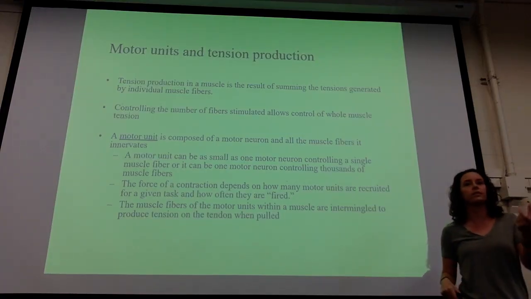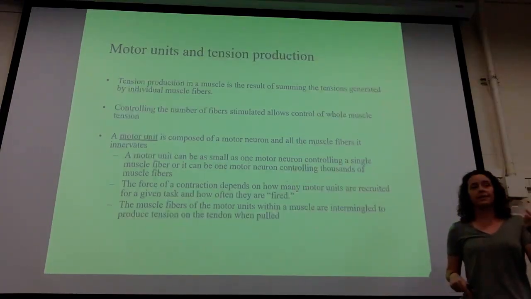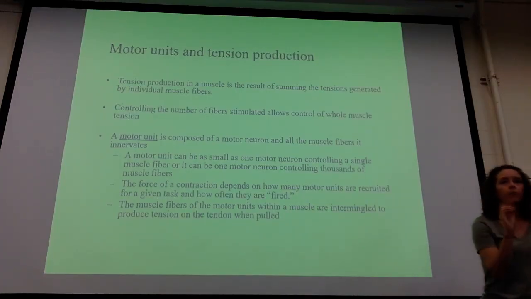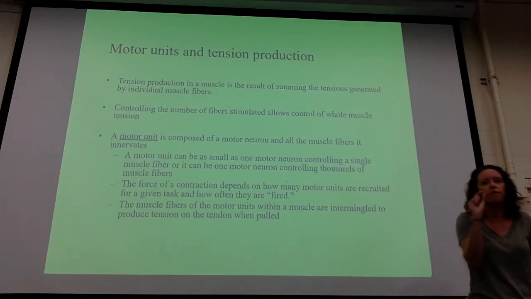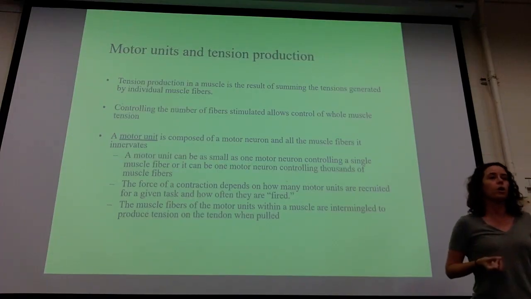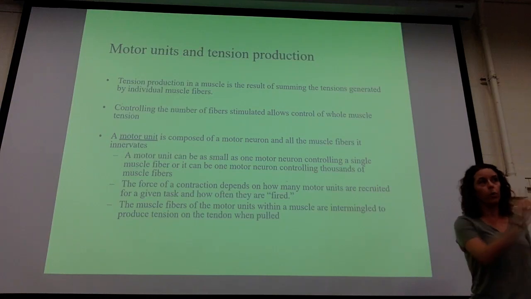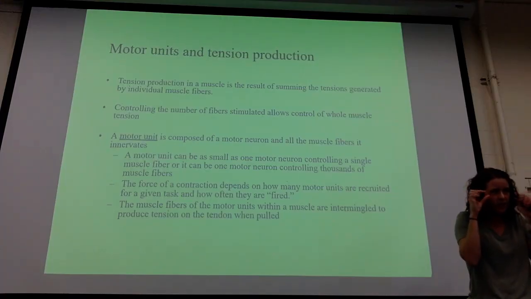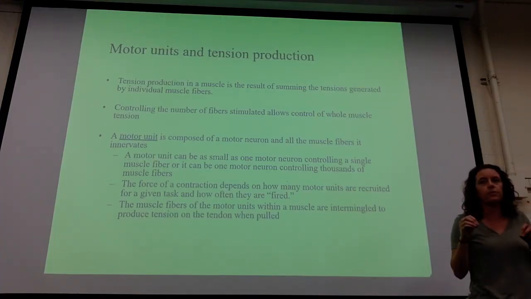A motor unit can be very, very small. If we're looking at a small muscle or a muscle that makes very fine, precise movements, like the muscles in your eye, for example, the motor units can be very small, where one motor neuron only innervates one muscle fiber. So we need to make very precise, controlled movements.